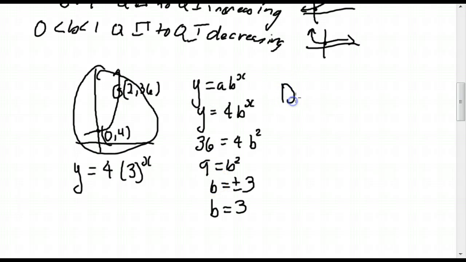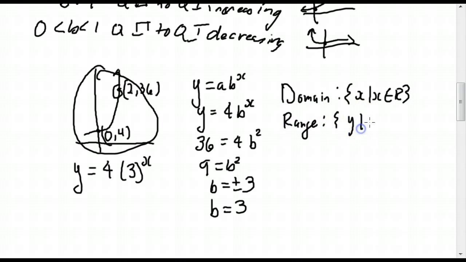Also, for every exponential, we know that the domain is the set of all x such that x belongs to the reals, and the range is the set of all y such that y is greater than 0. Not equal to, strictly greater than 0. This curve will never touch down.